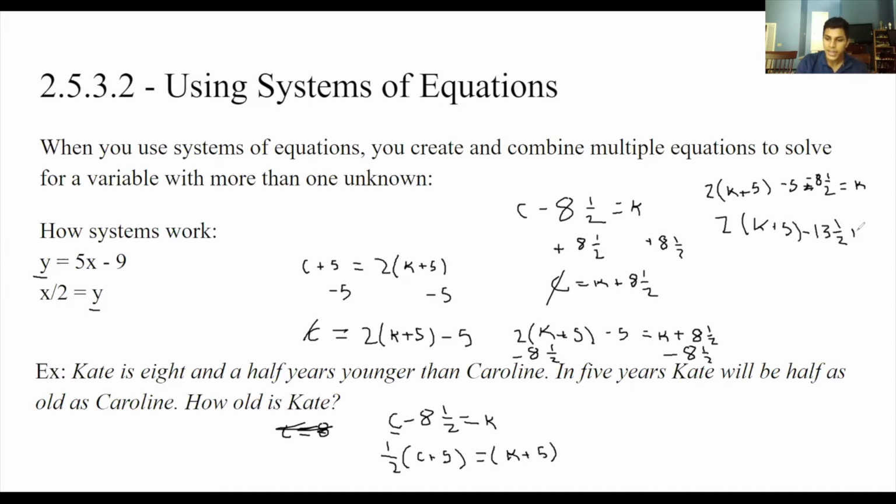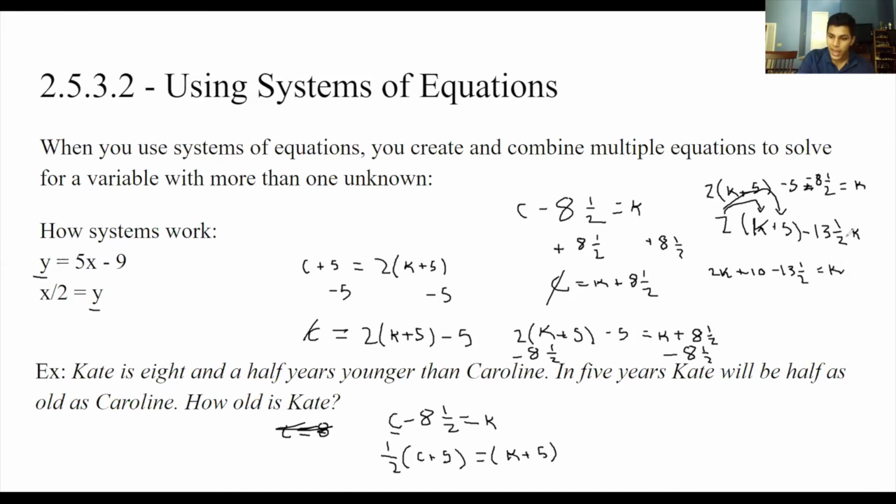All right, so my next job is to get rid of this K on the left-hand side of the equation. In order to do that, first I need to use the distributive property like this in order to solve this parentheses. So if I multiply 2 times k plus 2 times 5, that gives me 2k plus 10 minus 13.5 equals k.